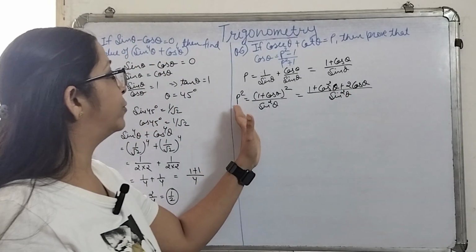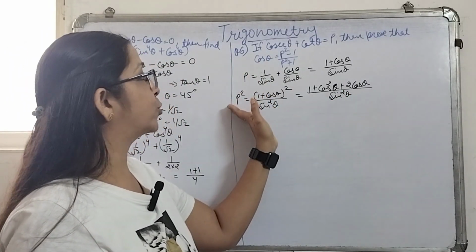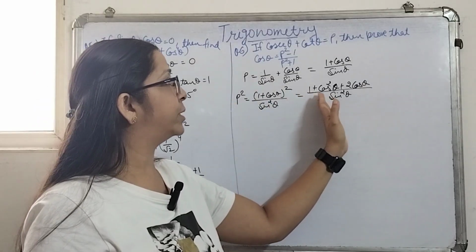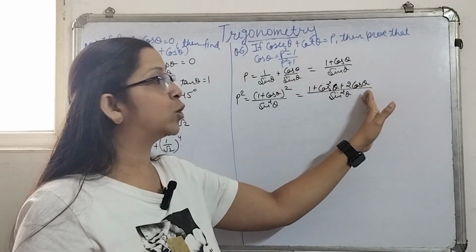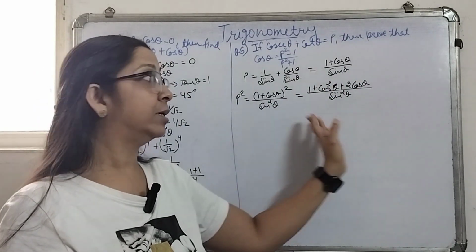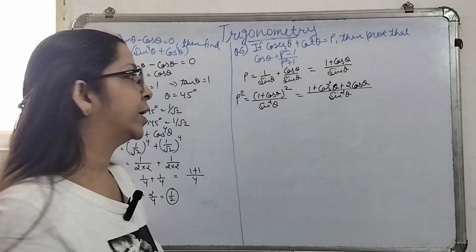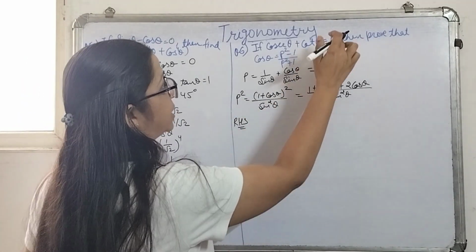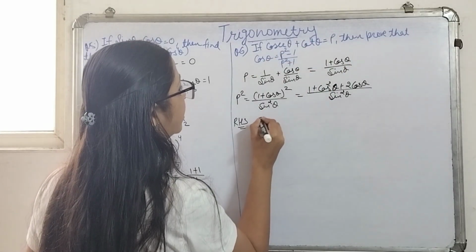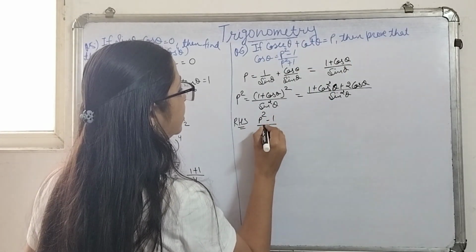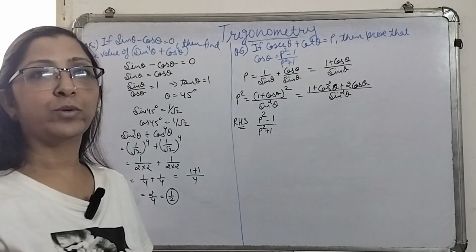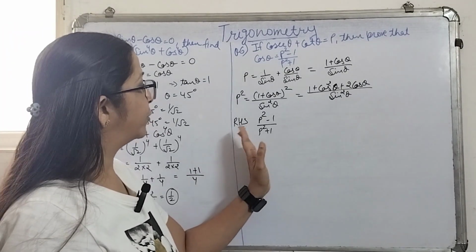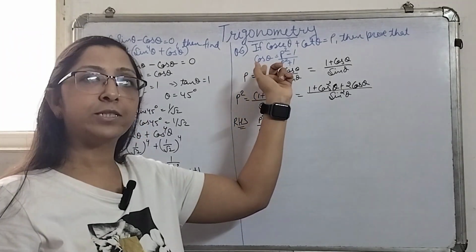This is the value of p square: 1 plus cos square theta plus 2 cos theta upon sin square theta. Now we are taking the RHS. The RHS is (p square minus 1) over (p square plus 1), and we have to prove it equivalent to cos theta.